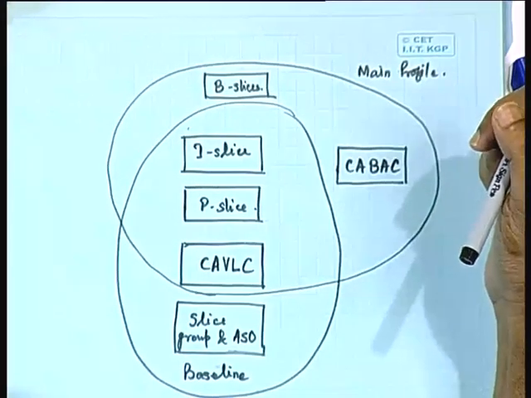Now, why is data partitioning important? The bit stream may be divided into more than one partition. Because of this nature of data organization, it is possible that you can transmit different slice groups into different channels.